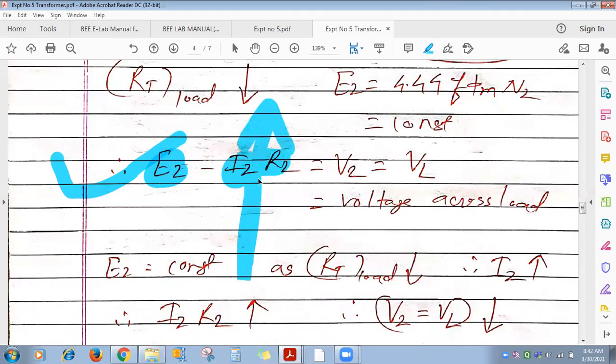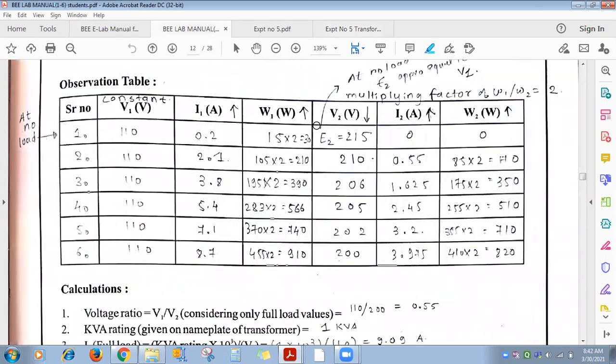E2 is constant, the I2 R2 drop is increasing, so what will occur with V2? It will decrease. Clear? And that's why you can see here the readings of V2 decrease. Got it? Yes, ma'am.